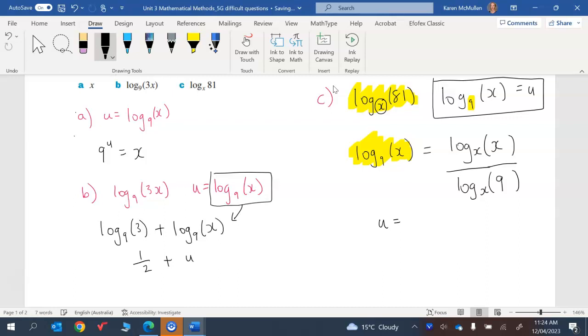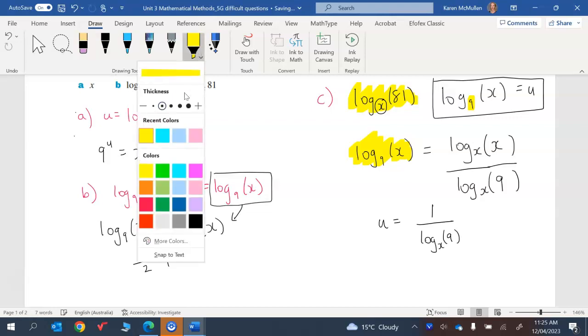And let's just try to change the right side so it looks like log base x of 81. On my numerator, because my base and my argument are the same, that changes to 1. Then I've got log base x of 9 on the denominator. Still doesn't look like what we want.